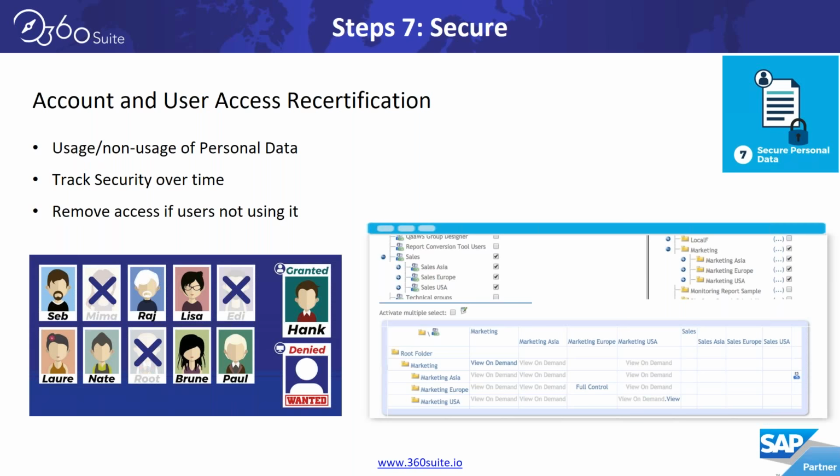Well, permissions should be removed. And that's again another part of those principles of compliance and GDPR. So with 360 Eyes, you can do a full investigation of the existing security and existing actions versus that security. So that's really easy.